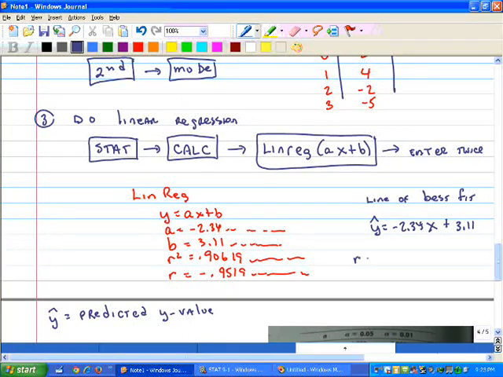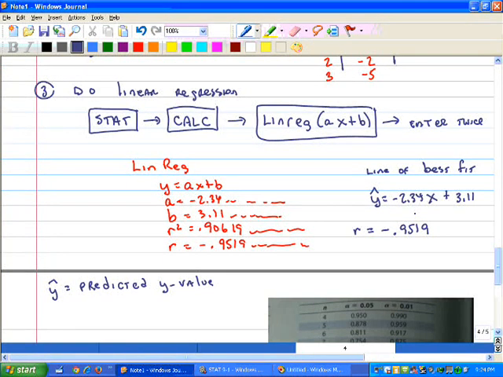Now, r is the correlation coefficient, and r in this case is negative 0.9519. We'll carry the correlation coefficient to 4 decimals. More than likely, this is an extremely good fit for the data. If you drew the scatter plot and graphed the line y equals negative 2.34x plus 3.11, you would see that it very closely approximates the data.